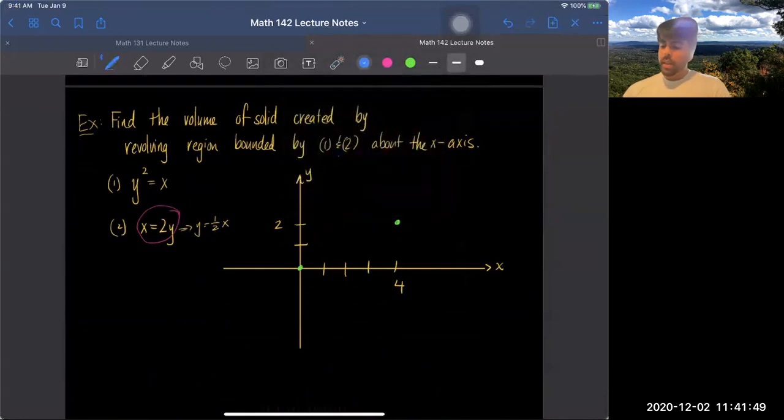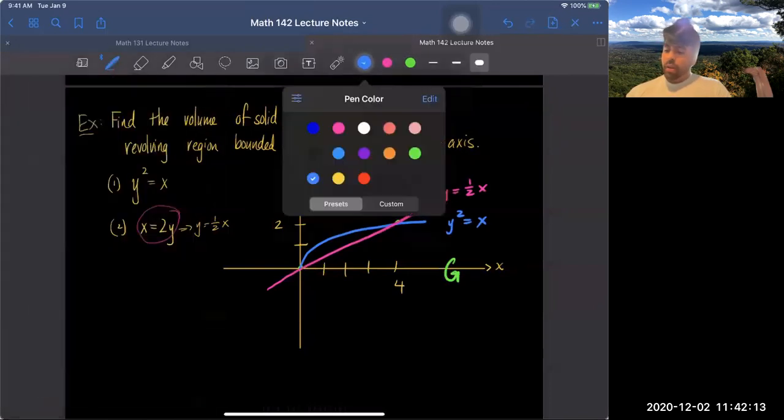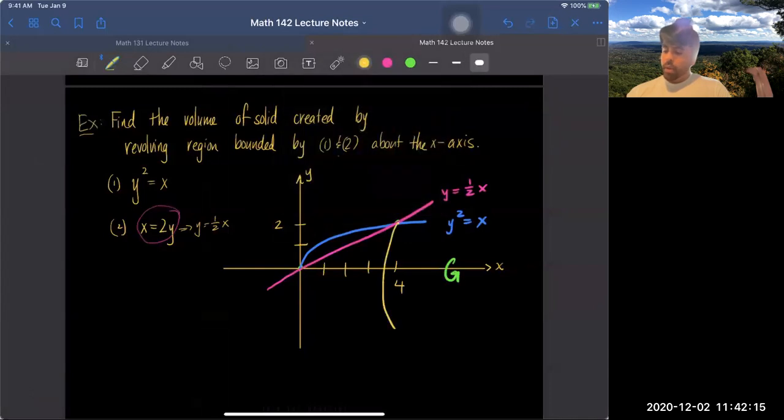This is the blue portion and this is the red portion. This is y equals 1/2 x, and this is y squared equals x, right? But when we revolve it around the x-axis, what do we get? As we saw using Maple, we saw this, right?